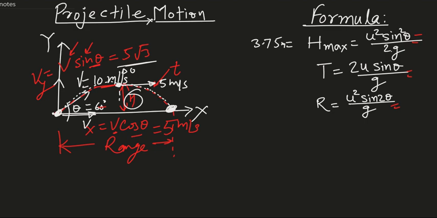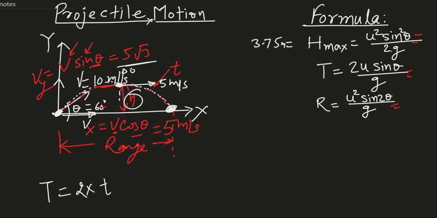This path is symmetric, so we can calculate the time taken by the particle between these two positions, and we can double it. So the total time is equal to 2 into t.